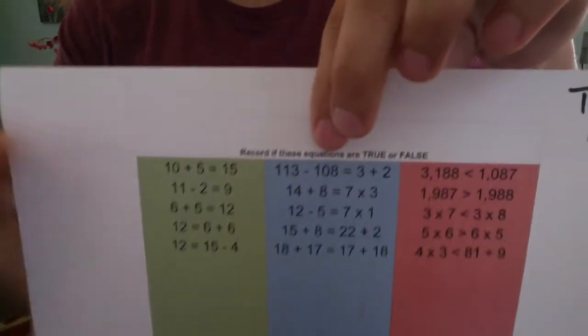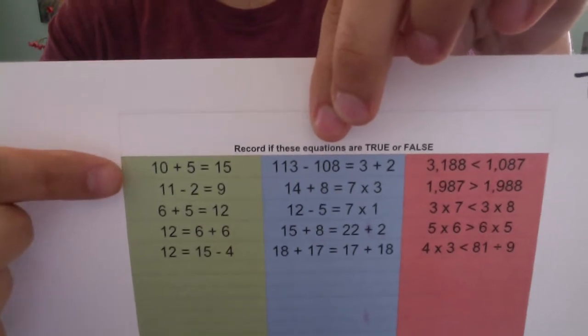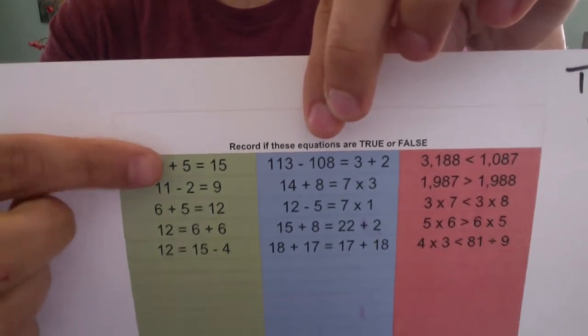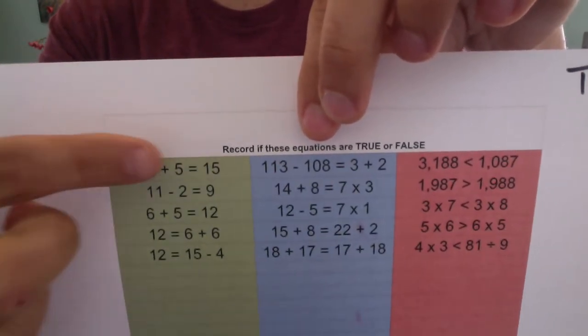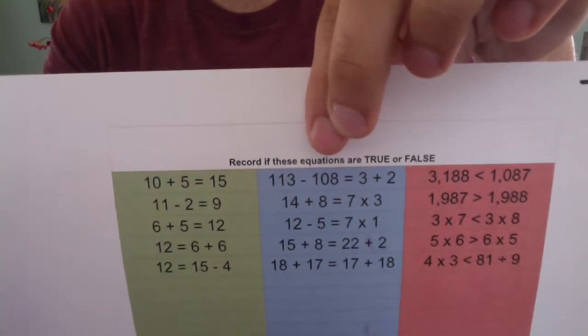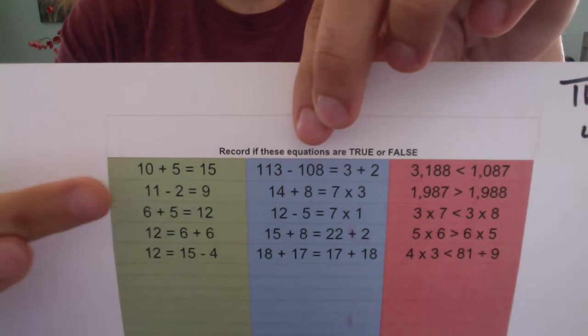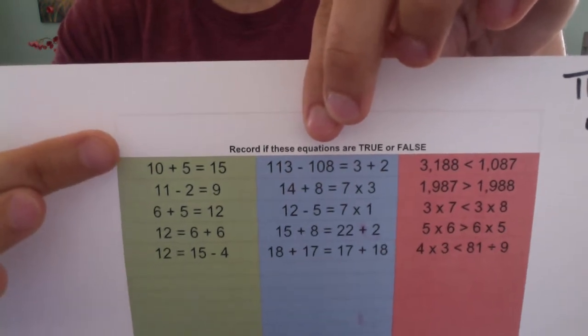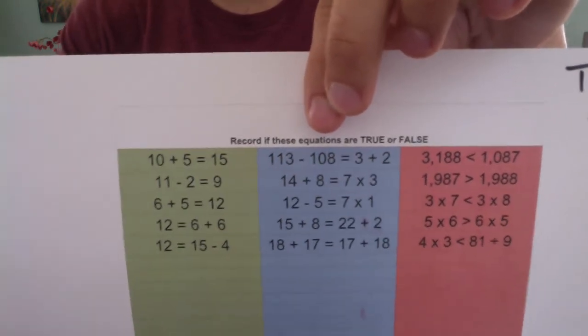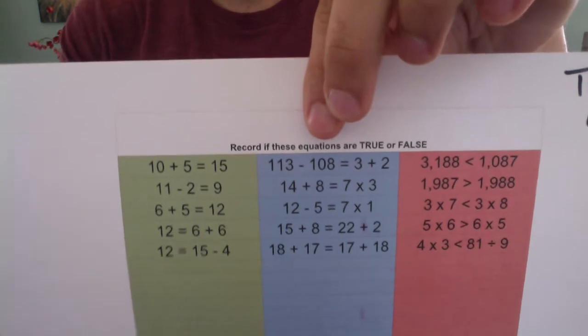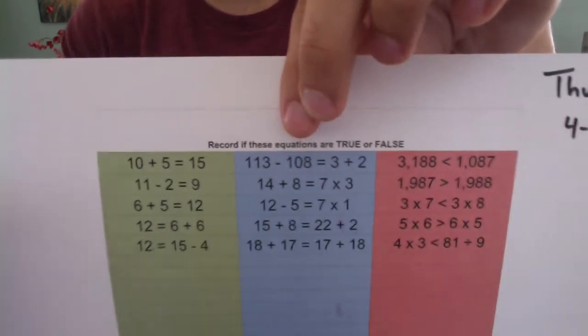And so for these, remember, you're going to have an equation. 10 plus 5 equals 15. Well, does 10 plus 5 equal 15? If you know that as a fact, you know it's true. If you are not sure, you could do the addition using a material. You could check it on the finger chart, whatever you need to do.